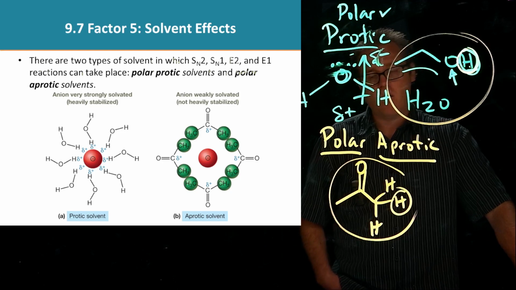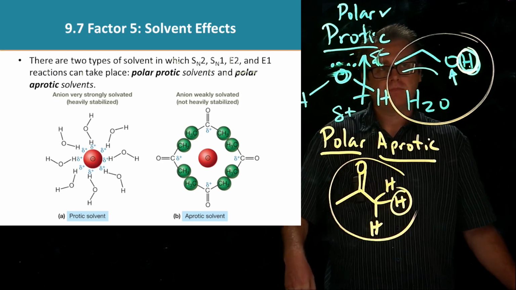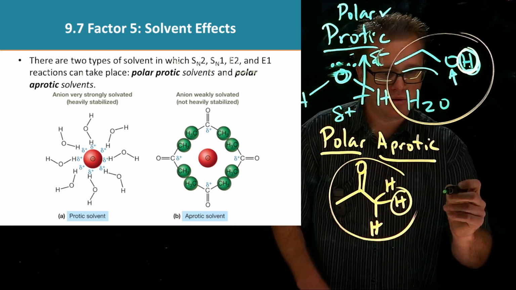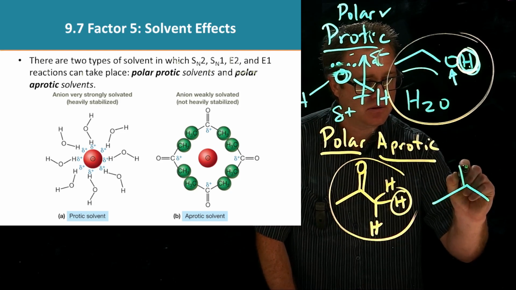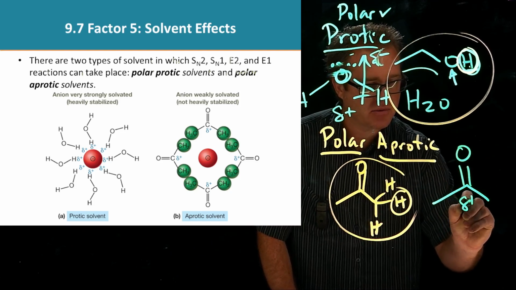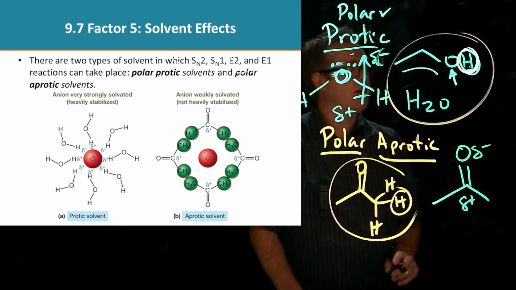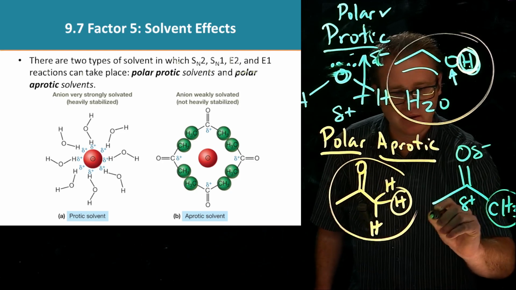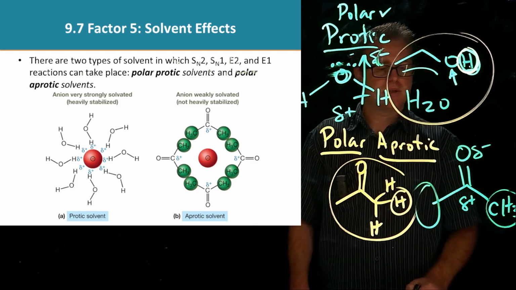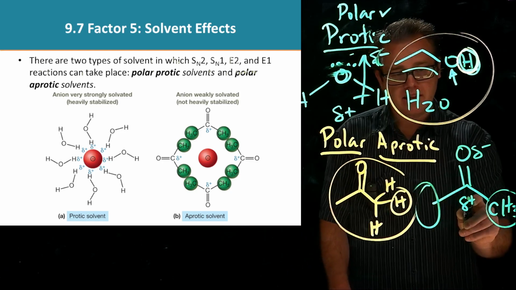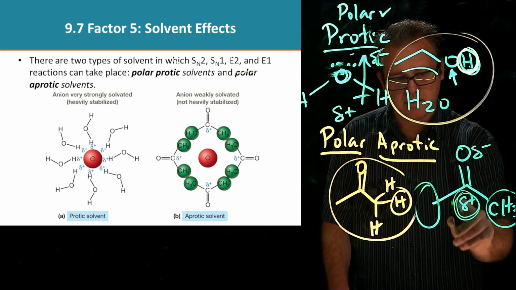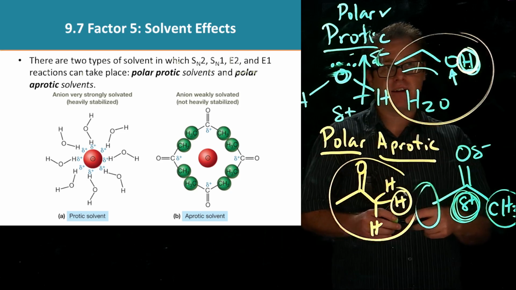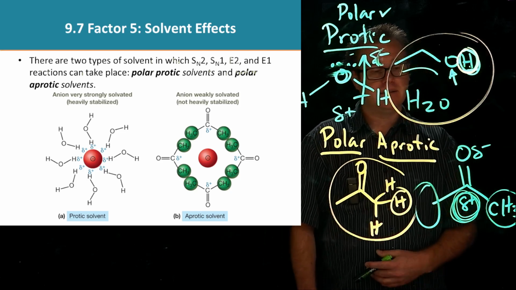When we look at acetone, there's a partial positive and a partial negative part. And because of these methyl groups right here, those methyl groups kind of prevent this partial positive piece of the molecule from interacting very strongly with the anion.